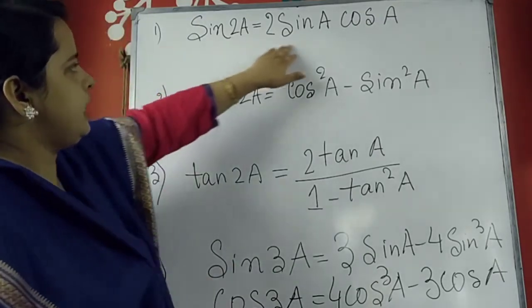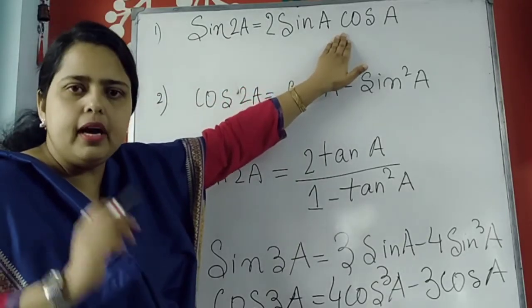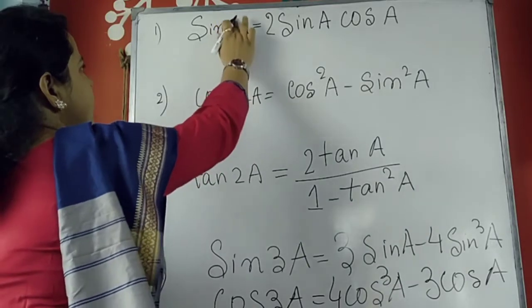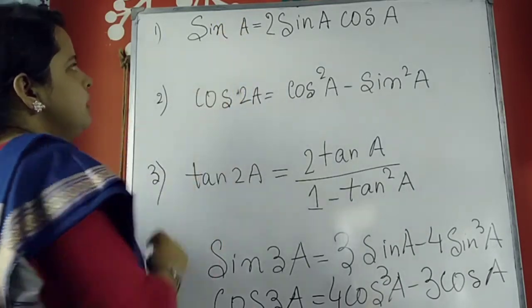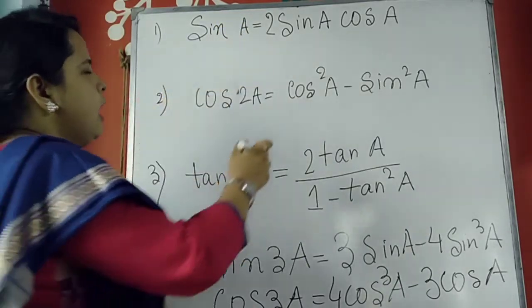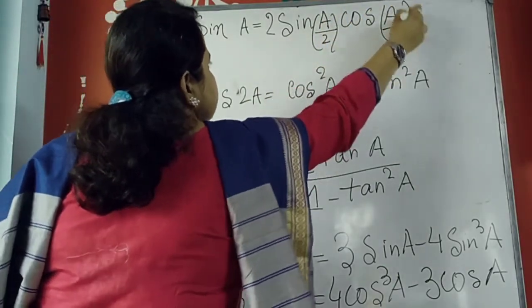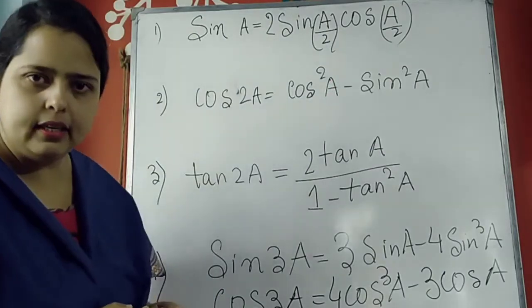See, if this particular first formula is in your mind, then how can you write down the submultiple? You can remove this 2 here, and this is how it becomes. It's so easy. Fine.